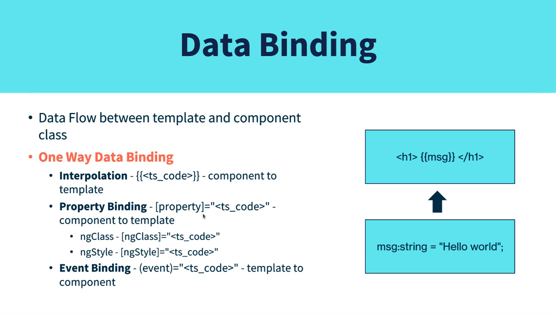And for ngClass and ngStyle, in front of that, we gave the objects, and these objects were the ones governing which class should be applied onto that particular element. And with the ngStyle, we can pass in the whole styling object, which in turn decides which property should be changed according to that object. Lastly, we use event binding.